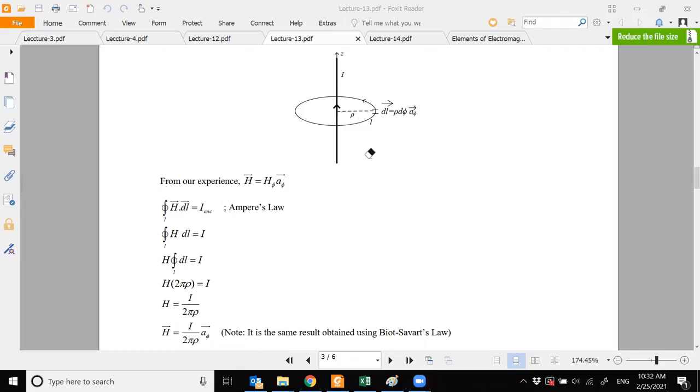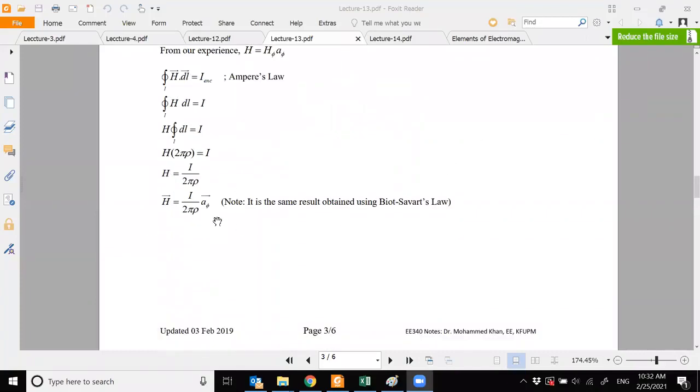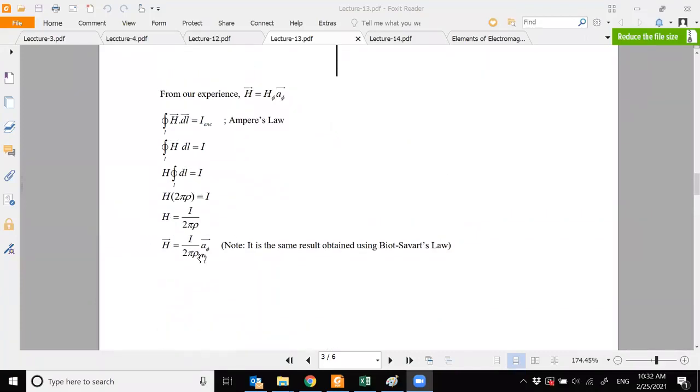And again, this is the same result that we obtained from the Biot-Savart law. Hence, again, we can say that Ampere's law is the fundamental law, because from Ampere's law we are able to derive the Biot-Savart law.